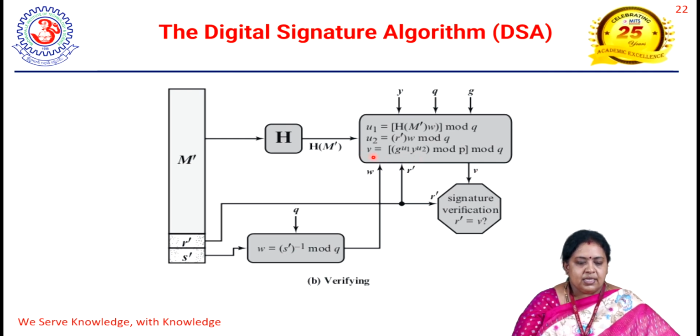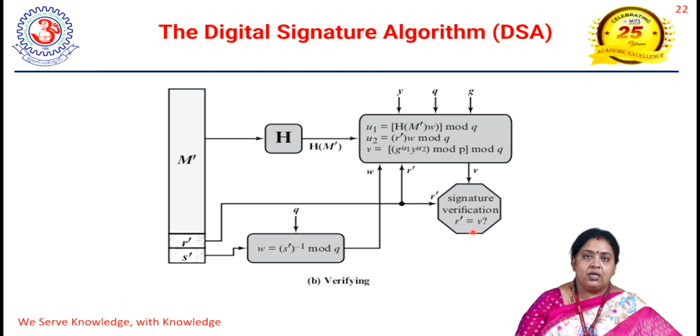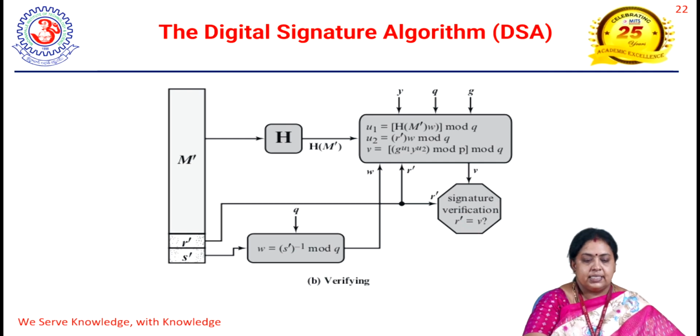This V is compared with our received R component. Only if it matches, the signature is valid. Otherwise, the signature is not valid. That we call the DSA approach.